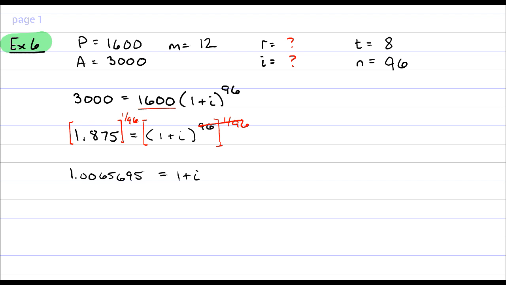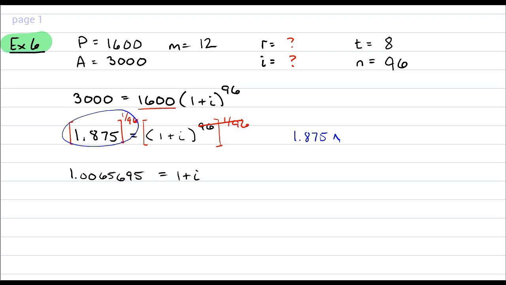Now, real quickly, before I go further, I just want to point out, it's kind of tricky to enter this quantity into the calculator. So let me show you over to the side exactly how you would type it into the calculator. You would type in 1.875, and then you'd hit the exponent button.